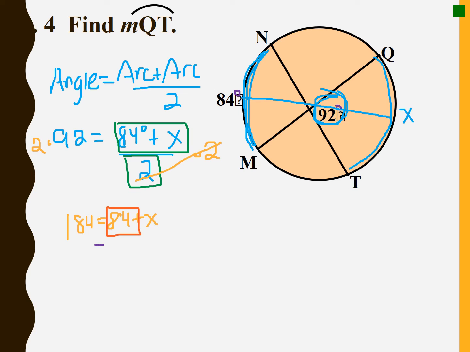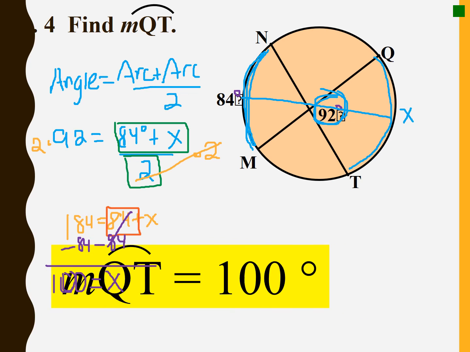So we want to subtract 84 on both sides. And when we do that, we get 0 here. So we're left with x on the right side. And 184 minus 84 gives us 100. And so the measure of arc QT equals 100 degrees.